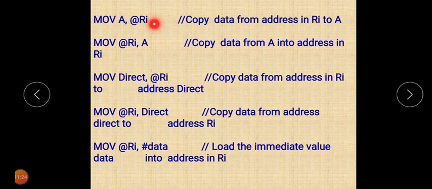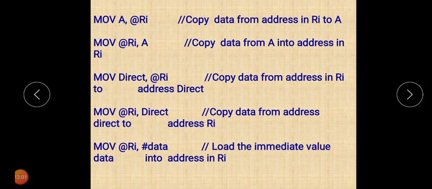MOV A, @Ri. Here Ri is acting as a pointer register. How do we use this addressing mode is, first we will store a data at some memory location, then the address of that memory location is stored in this register Ri, and we give an instruction to the microcontroller to copy the data from the address in Ri to A. We are neither specifying the data directly nor the memory location where it is stored.